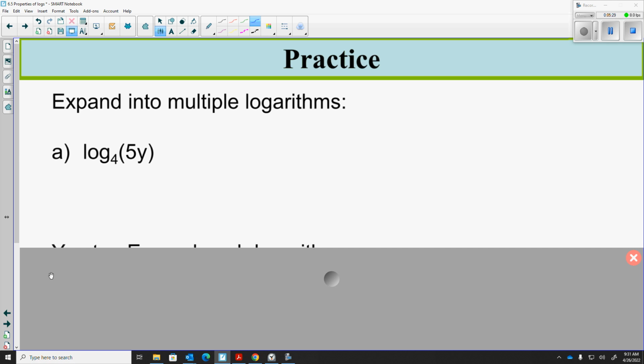So what are the pieces that are getting multiplied? 5 and y, so I can split them up. It's log base 4 of 5 plus log base 4 of y. And there you go. So this is the same thing as that, and vice versa. That make sense? Okay.